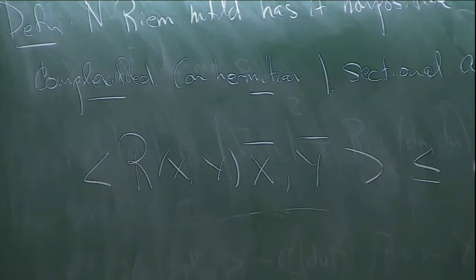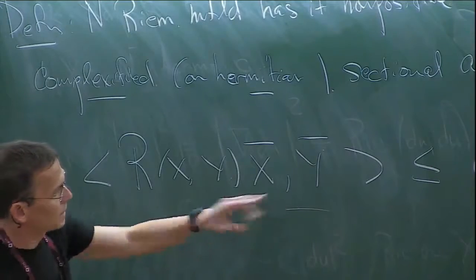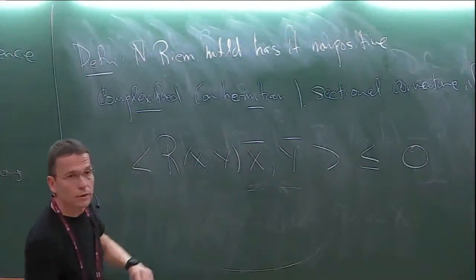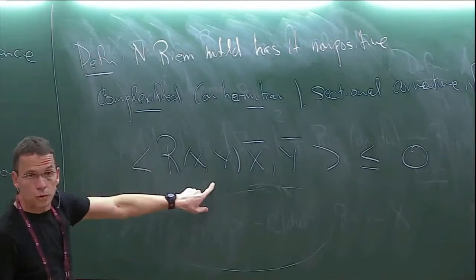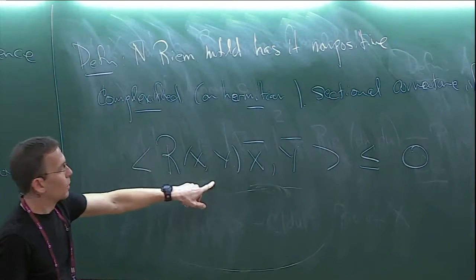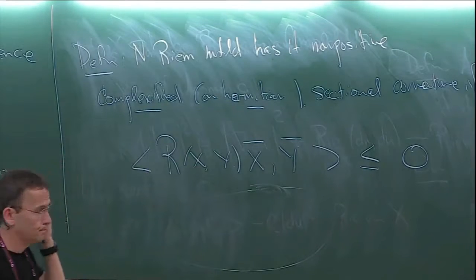Whatever the right form of the sectional curvature is in the normal case, to say that it's non-positive, you would say this for just tangent vectors, and the notion of complexified sectional curvature is just to do the same thing where you feed in complexified tangent vectors, where you just extend the Riemann curvature and the metric complex linearly.